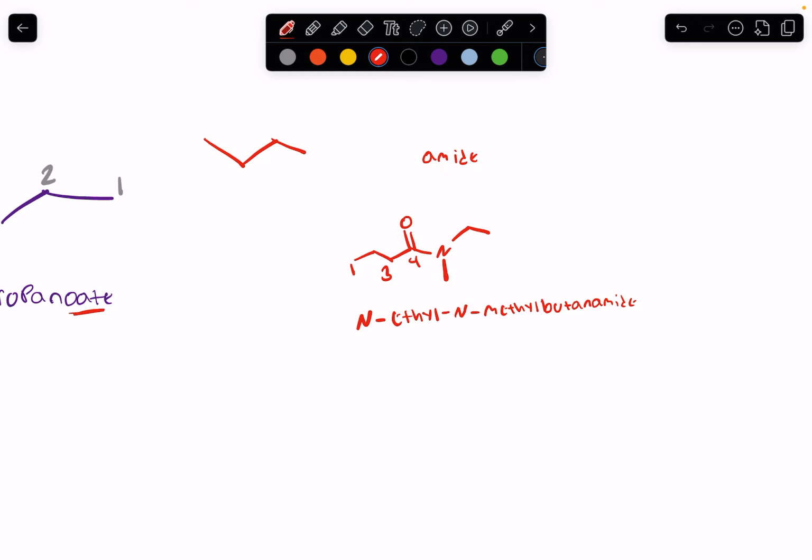When you have something with no carbons on the nitrogen, this one will just be propanamide. So prop because it's 3, and then amide because that's just that group.